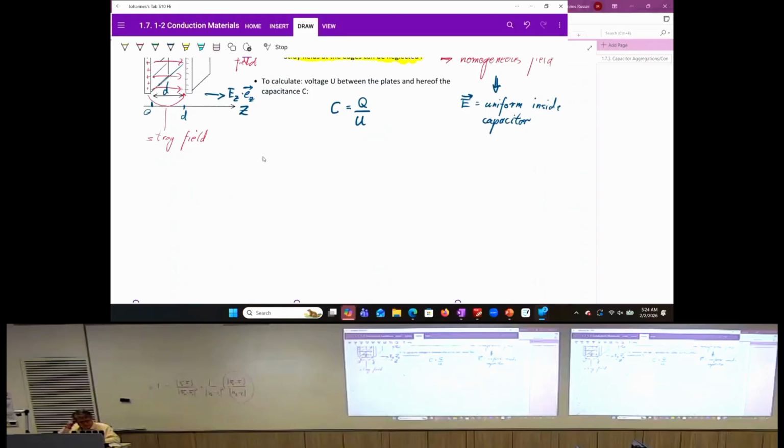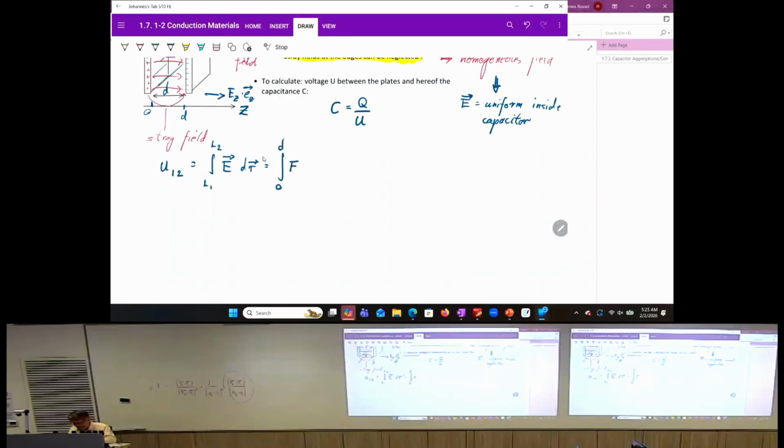So what is the voltage between plate 1 and plate 2? That we denote as U12, and we obtain it by integrating from conductor 1 to conductor 2 over the E field, over the differential line element. For our parallel plate capacitor, one conductor is located at z equal to 0, and the other at z equal to d.